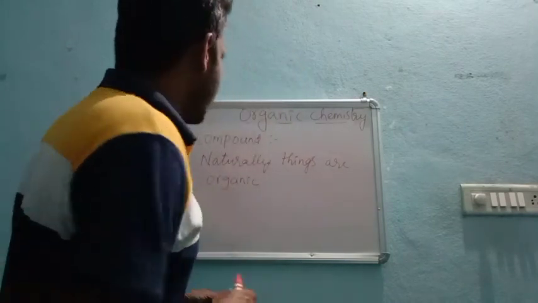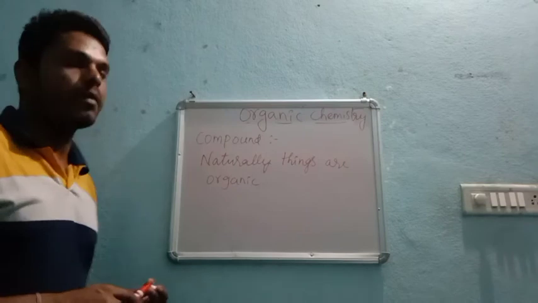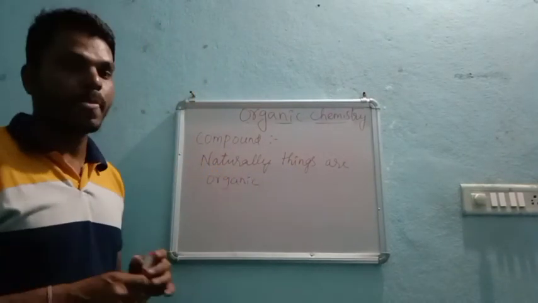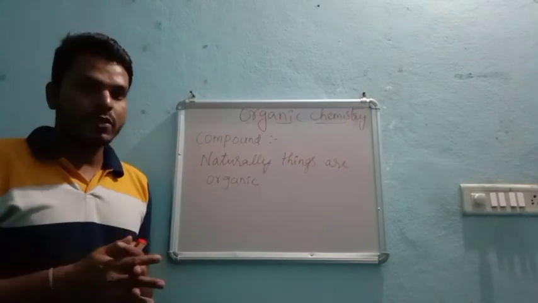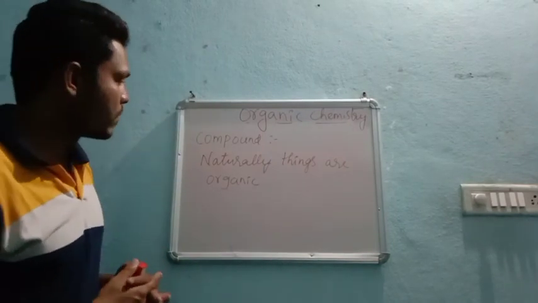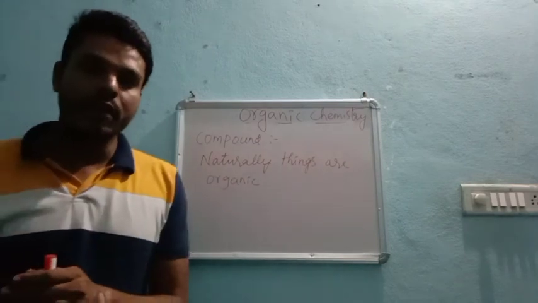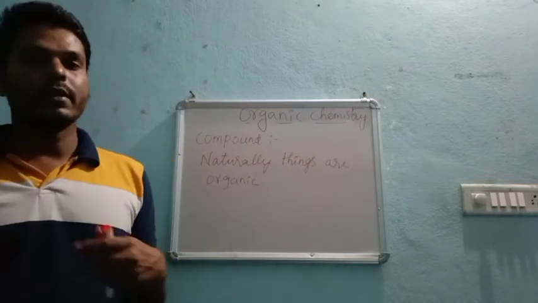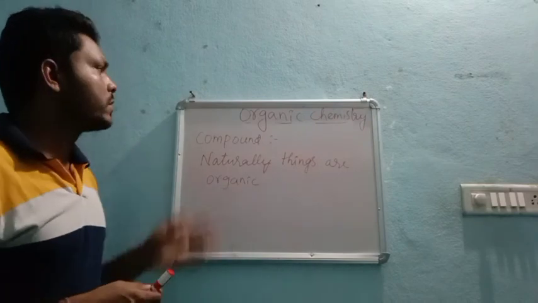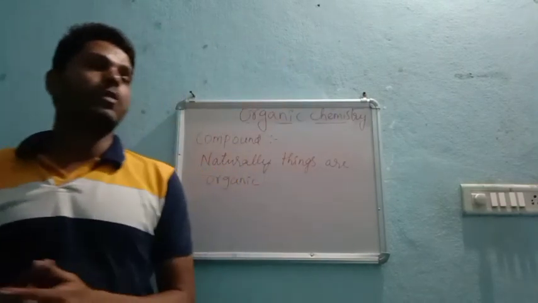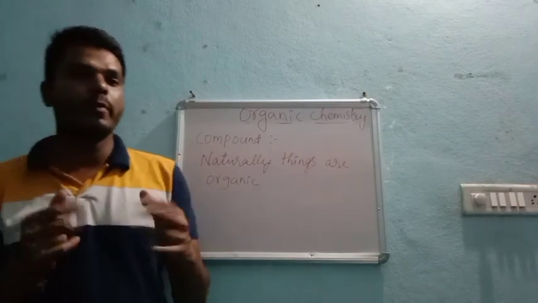So almost all the natural things are organic. Why? Because they consist of carbon. Due to the presence of carbon, they catch fire and definitely start burning. So this is some basic idea, and this will be a very short video.